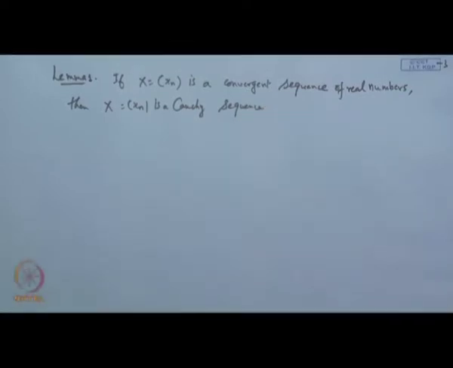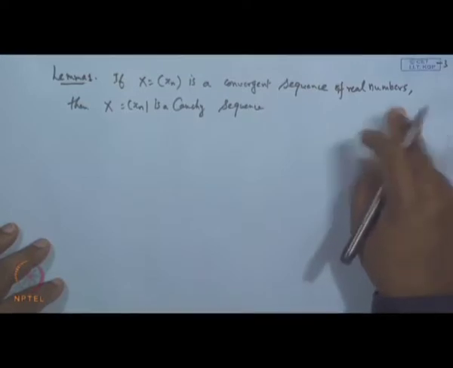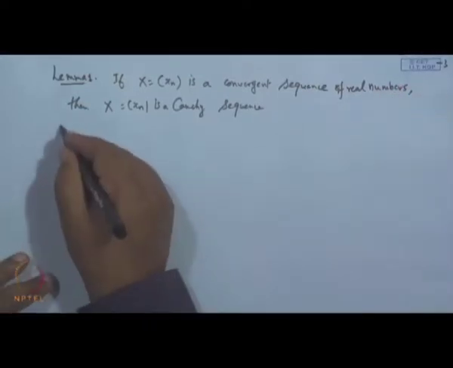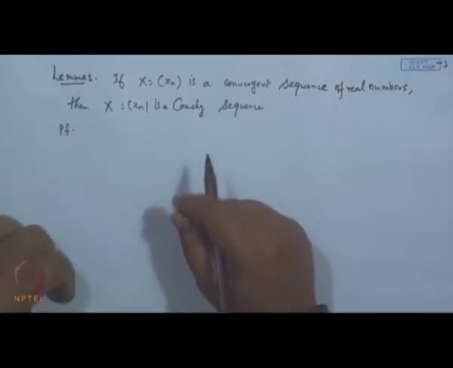So, this is the first result which we want to show, that every convergent sequence is a Cauchy sequence. The proof of this is very simple.